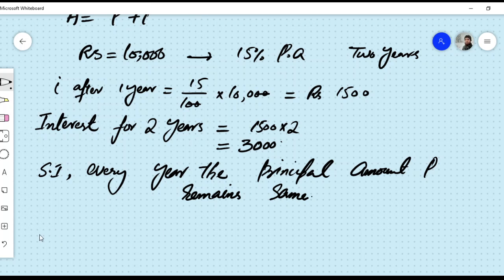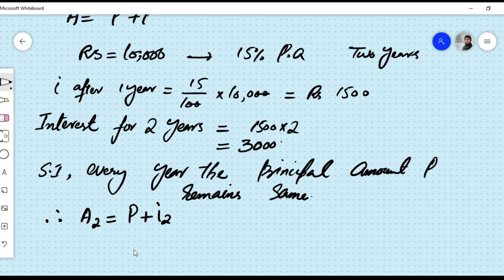Therefore, the accumulated amount after 2 years, let us write this with subscript 2, will be the principal amount which was initially plus the interest after 2 years.